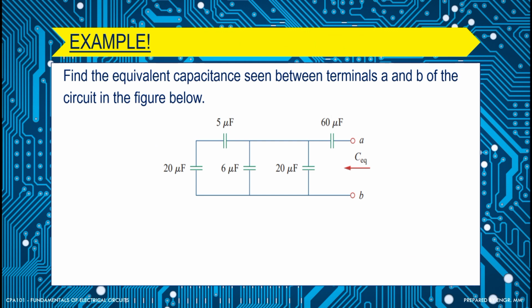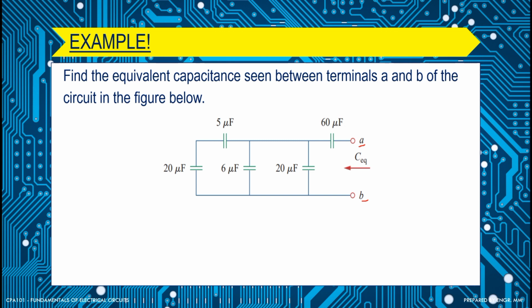So for example, find the equivalent capacitance in between terminals A and B of the circuit in the figure below. Just like how we solve equivalent resistances, if we will find the equivalent capacitance in between the terminals A and B, we'll start with the farthest side.